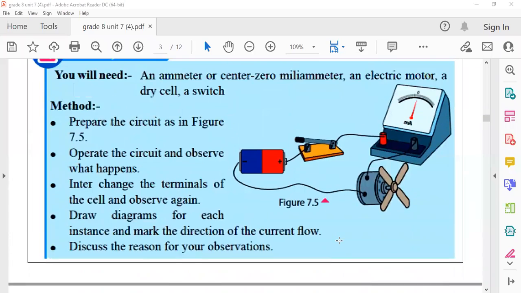Right. So first question, first thing to you. Here there is a motor. There is a milliammeter. It is a zero center milliammeter shown to you.